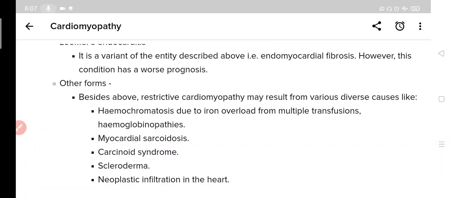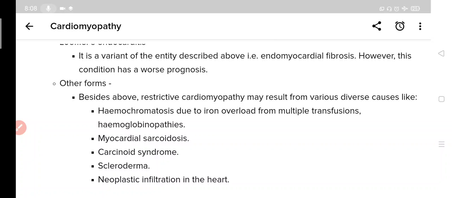If there is an increased quantity of iron in the blood stream, it is called hemochromatosis, and it occurs with multiple transfusions. If there is overzealous transfusion, where the transfusion is much more than the requirement, then it may cause hemochromatosis. Similarly it can happen in various disorders of hemoglobin also.